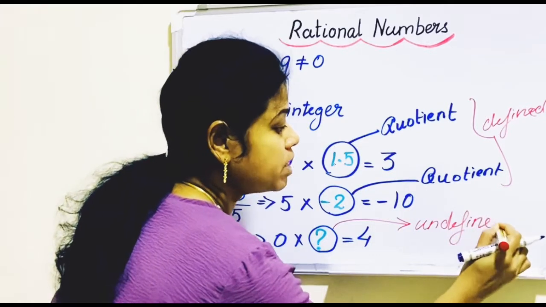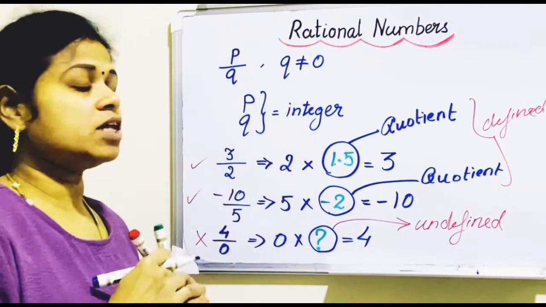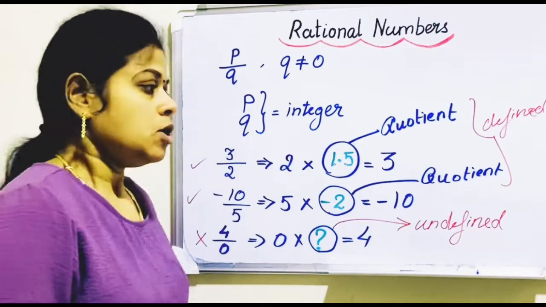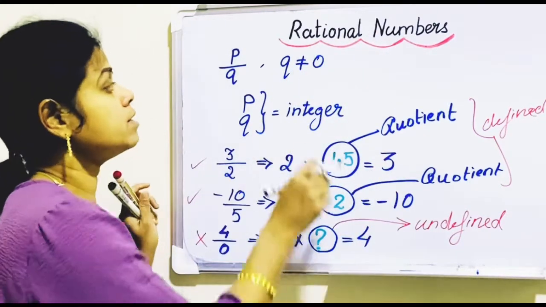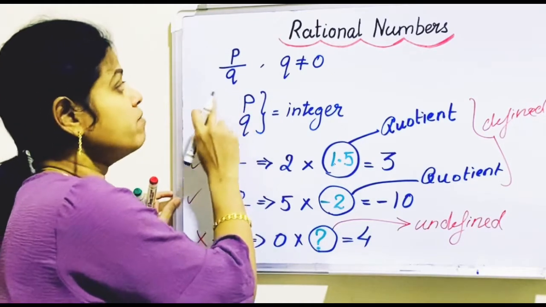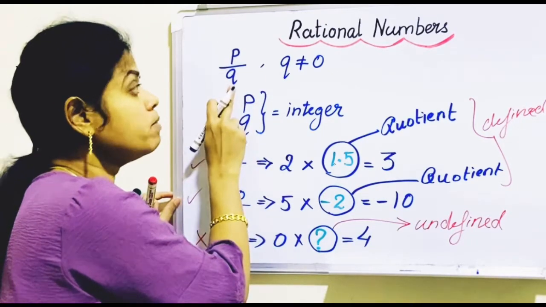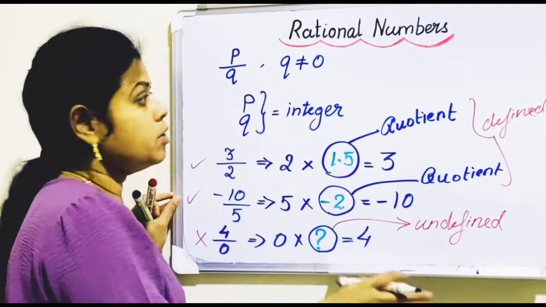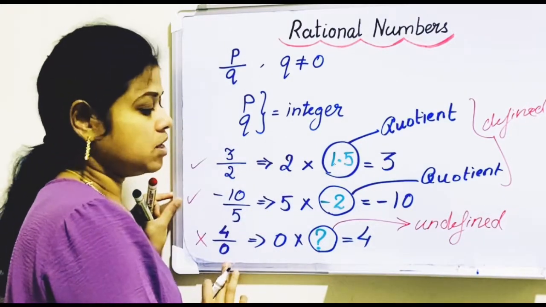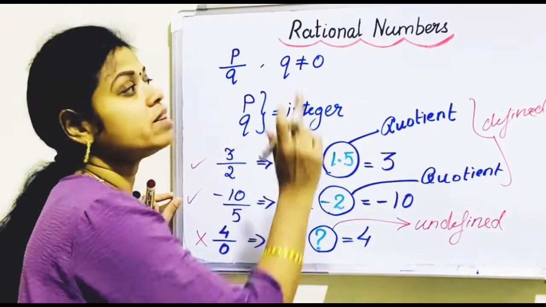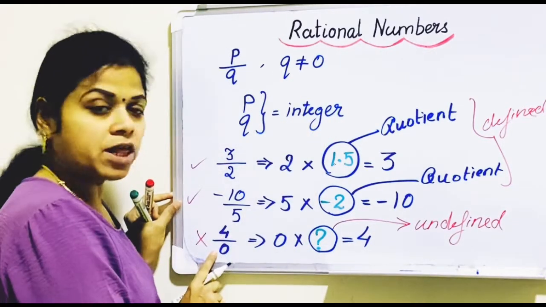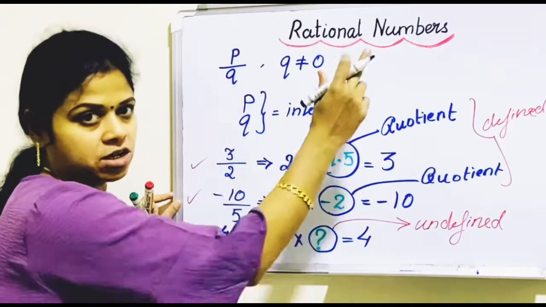So if the denominator is 0 for any number, then the quotient is undefined, so those numbers are not rational numbers. That's why they say that the denominator of the number, when it is expressed in p by q, should not be 0. If it is 0, the quotient is undefined. Hence, it is not a rational number, whereas these two are rational numbers.